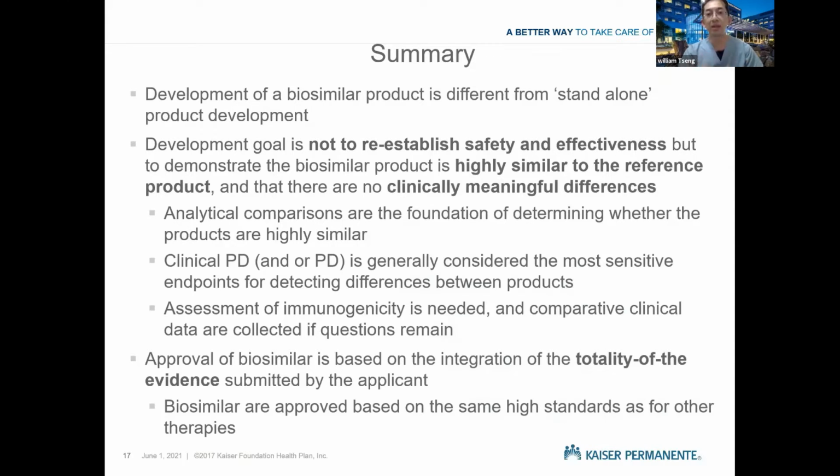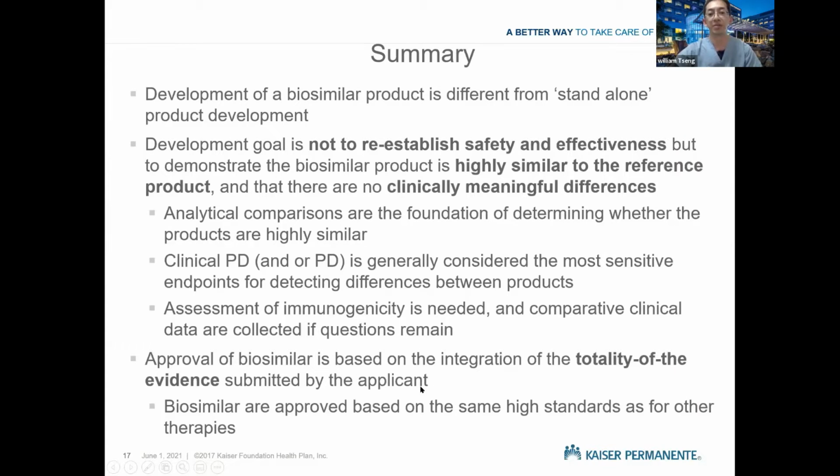The analytical comparison of the foundation is to see that it's very similar. The PK or PD, actually, is most sensitive in terms of detecting differences. Assessment of immunogenicity is needed, and comparative clinical data collected if any other questions remain.